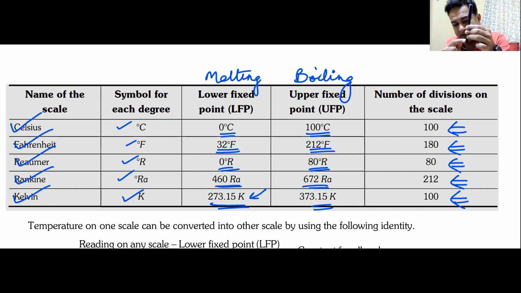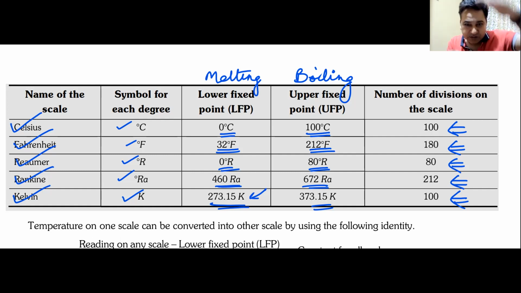Lower point, freezing point of water or melting point of ice, upper point, boiling point of water. And in between, we have assumed, which is not correct, that the expansion is linear. But the expansion of mercury between 0 and 100 is not exactly linear, and that is the problem with this scale.